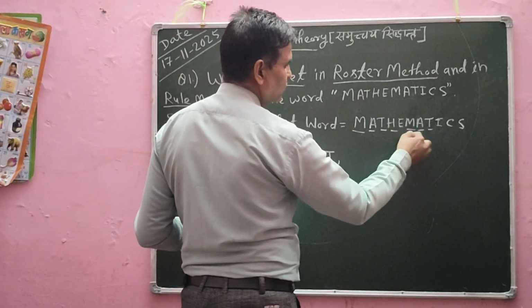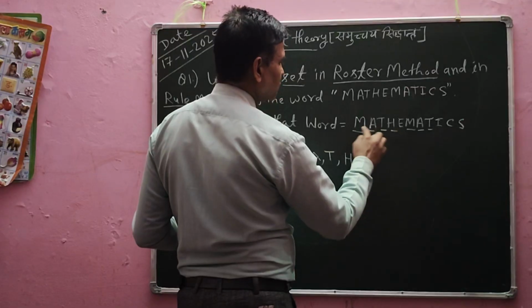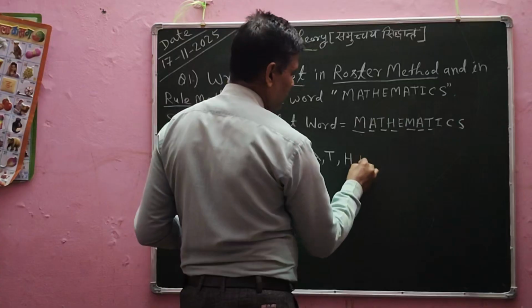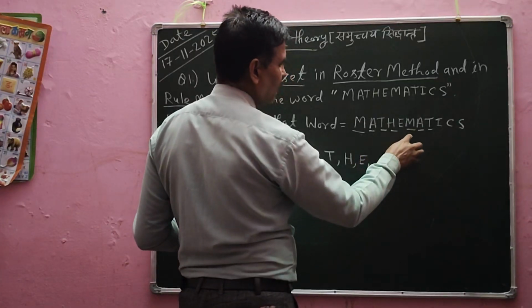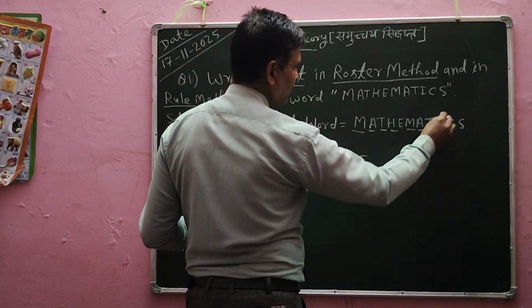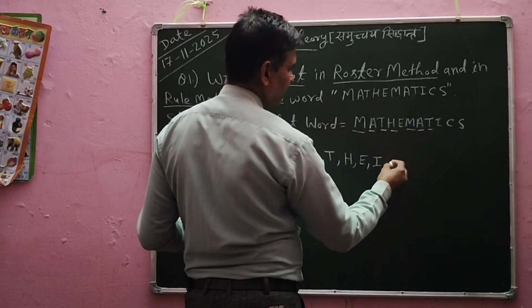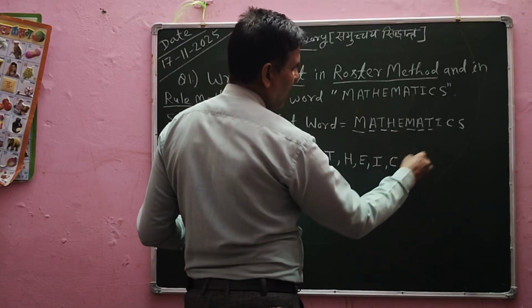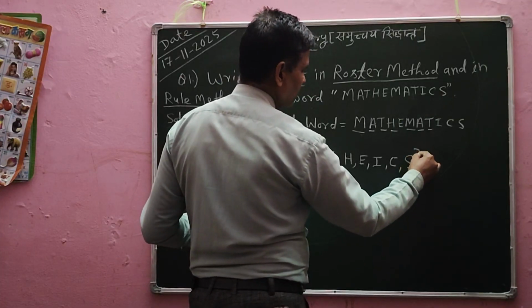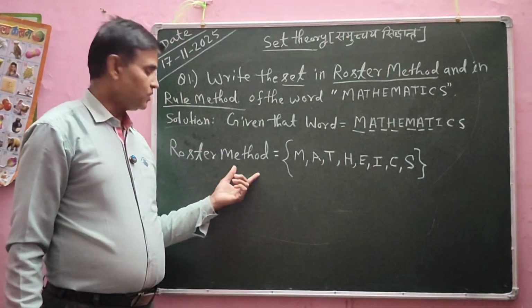Similarly, H I have to write, so H is available only one, so I have to put H. E, so in this word I have only E one time, so I have to put E. M, A I have written, now I will put here I, and then C I have written one time, and then S. So this is the set available in roster form.